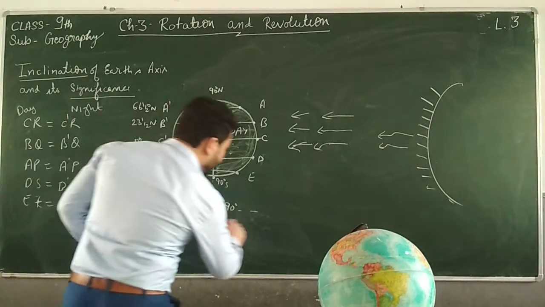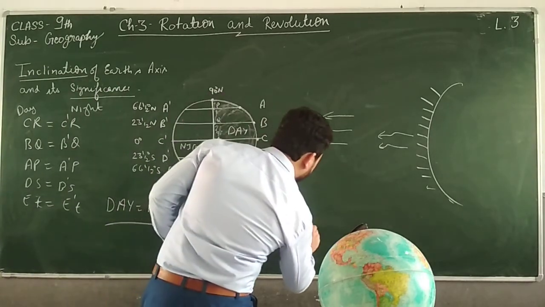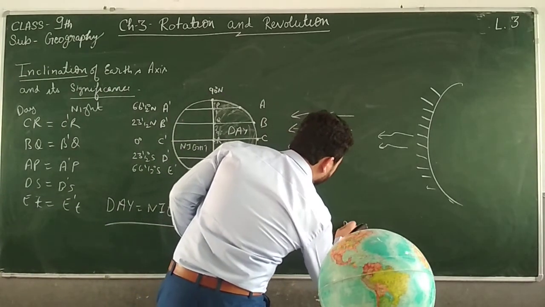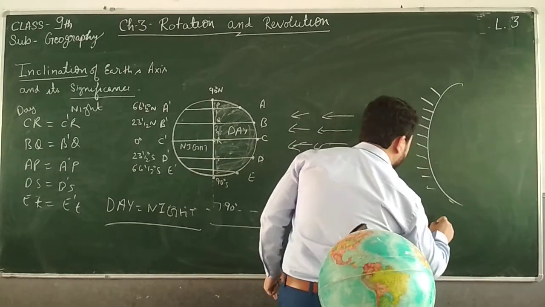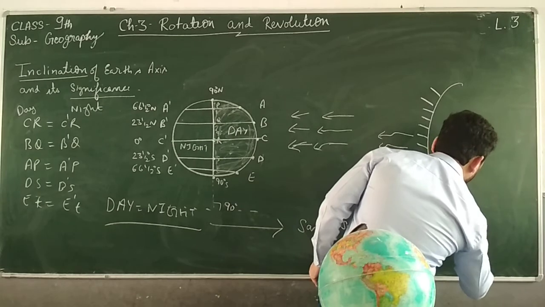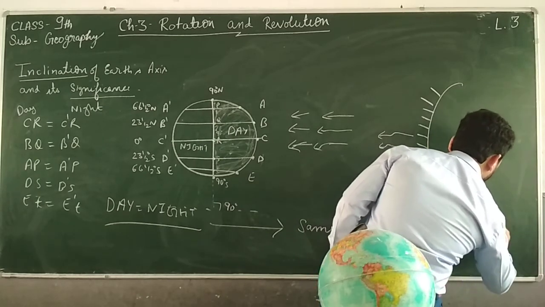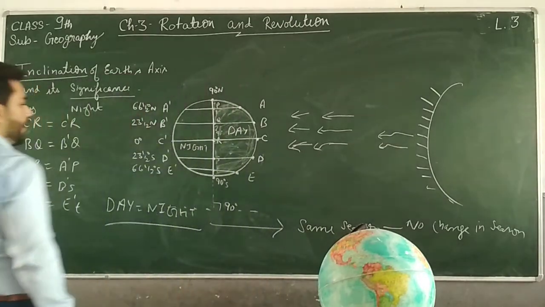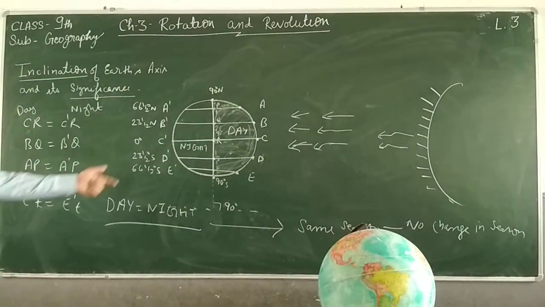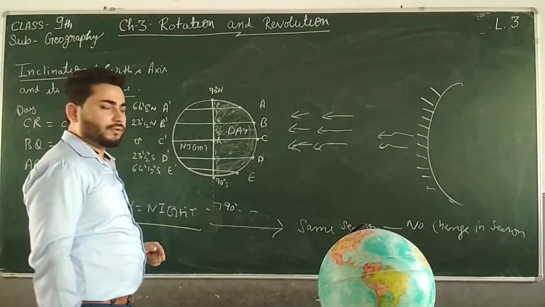And it will lead to what? Same season. There will be no change in season, no change or variation in season. This will be the effect or impact of this straight axis of the earth.